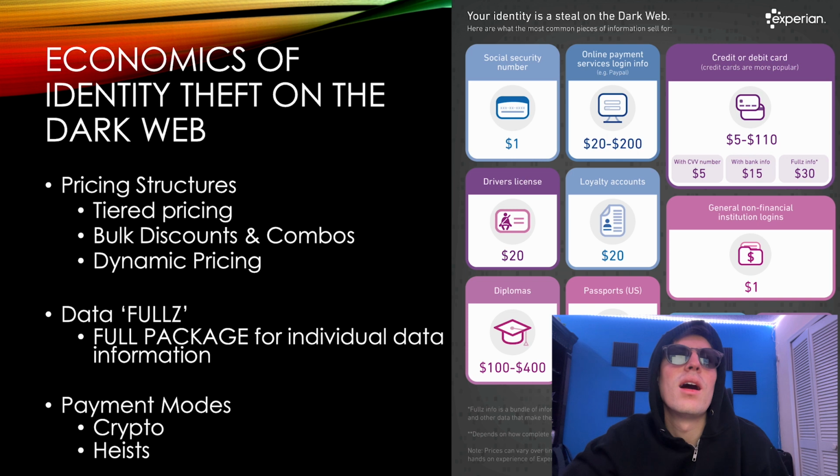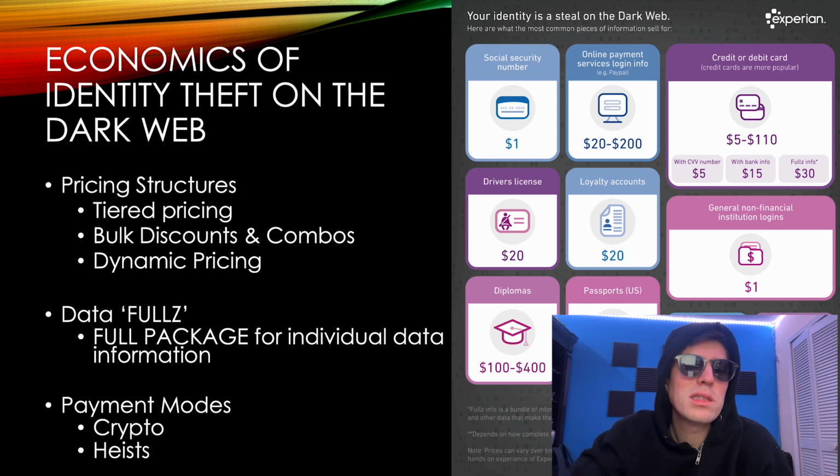When it comes to crypto, the more common form is Bitcoin, which is a decentralized currency. But they also use Monero, which is quickly becoming more preferred over Bitcoin because it has enhanced privacy features, and you're able to hide the transaction amounts and mask the transaction origins and destinations.